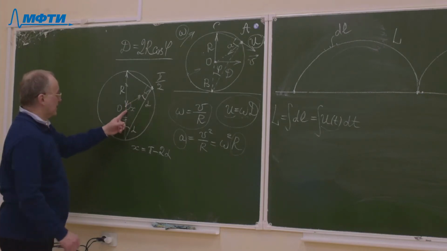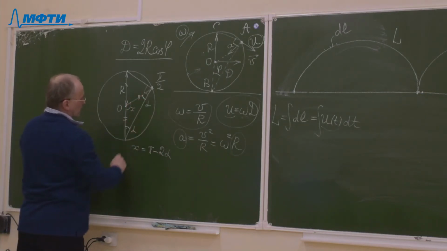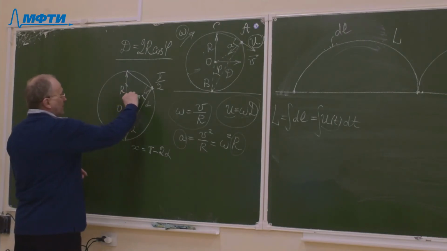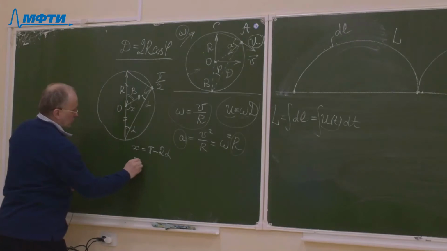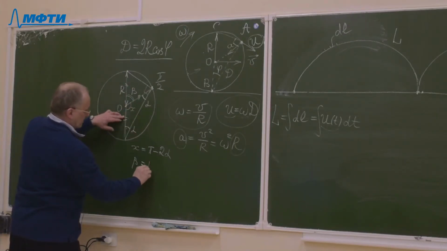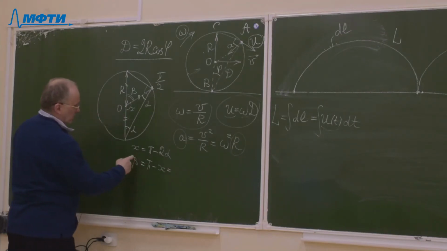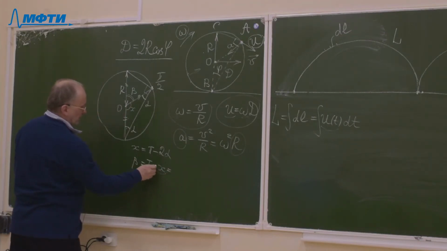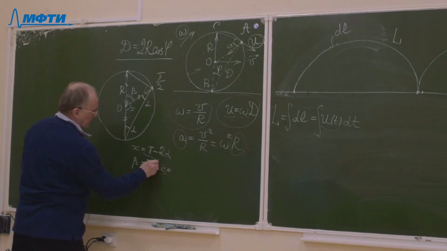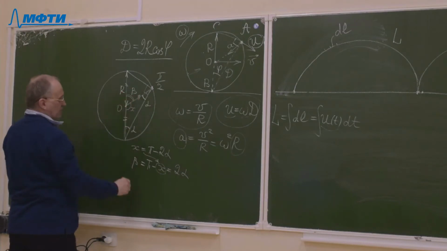So this angle x will be pi, the total sum of all angles, minus 2 alpha. And then this angle, which I denote by beta, will be equal to the total angle pi minus x. And if you substitute x here from here, you obtain that this will be 2 alpha. So beta equals 2 alpha.